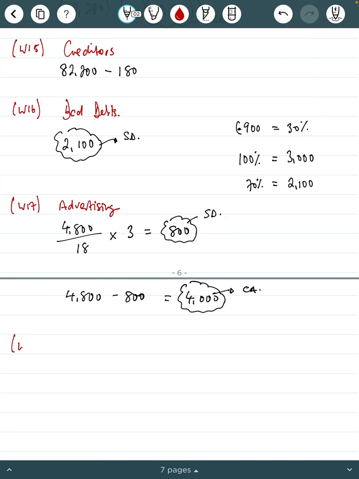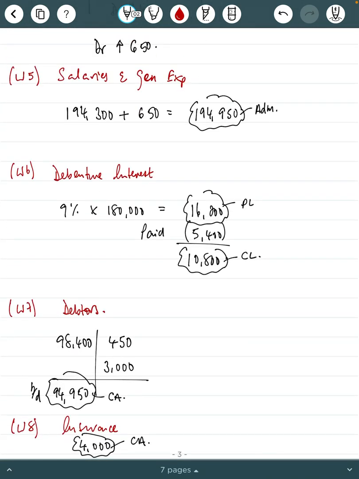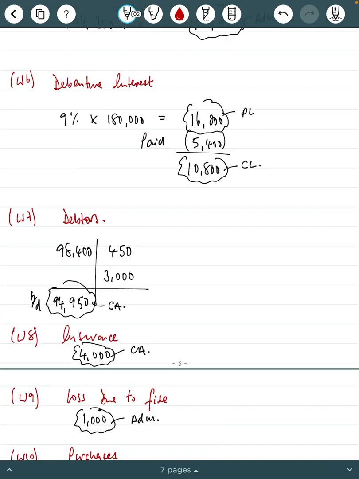Okay, on to working 18. We're nearly there now. It says provisions should be made for both investment income and debenture interest due. We've already done that. And the provision for bad debts is to be adjusted to 4% of debtors. So this is our provision for bad debts. Go up and get our debtors figure, and there it is, 94,950.